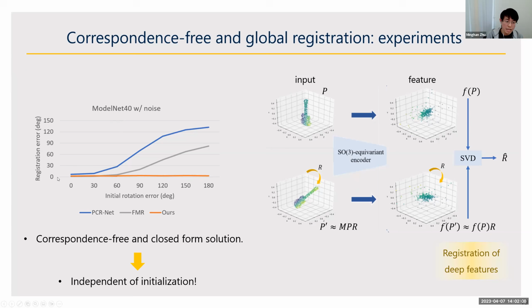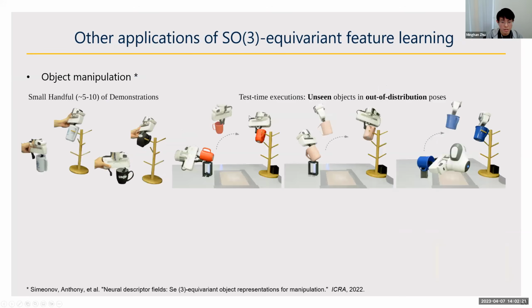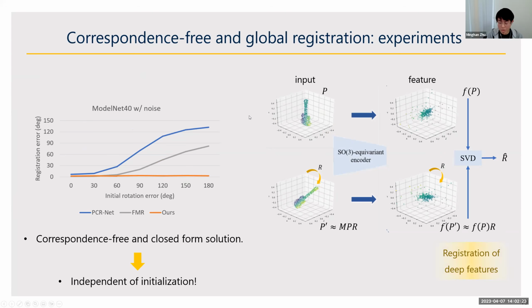And our method can achieve consistent and very accurate registration regardless of the initialization error. So this is what we can do with these equivariant features. It enables us to solve the registration task in a deep feature space in a very simple architecture.